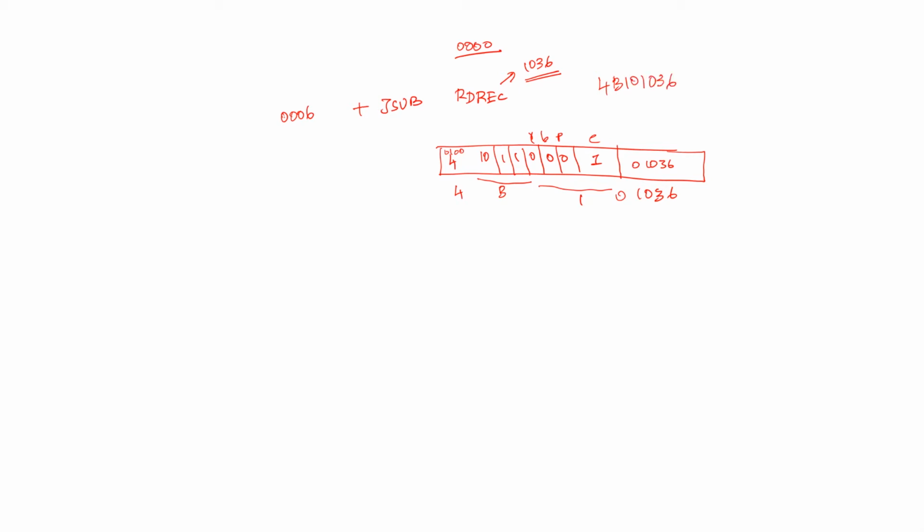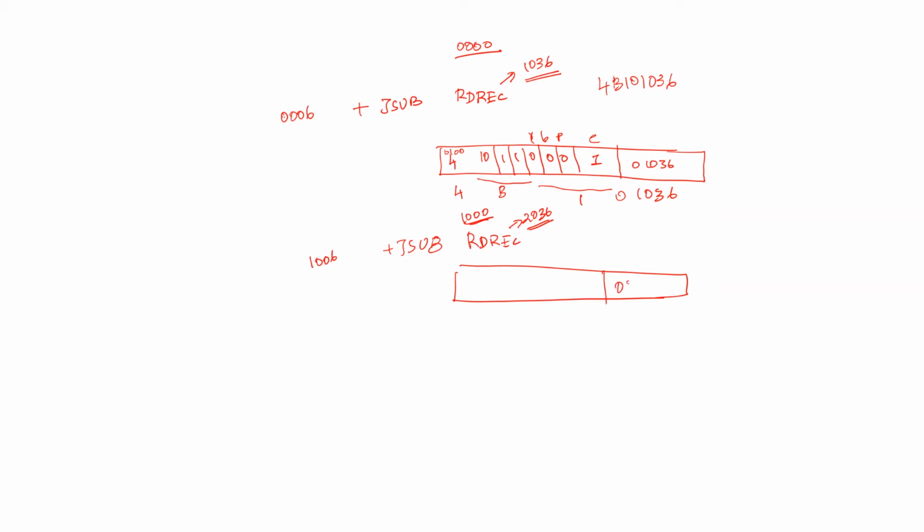Now, suppose the same instruction, plus JSUB RDREC. Consider this program started at location 1000. Then this instruction will be in 1006, right? And RDREC will be in 2036. Now consider the same instruction. I will be doing this.